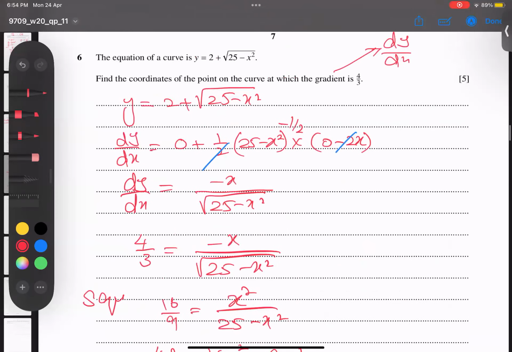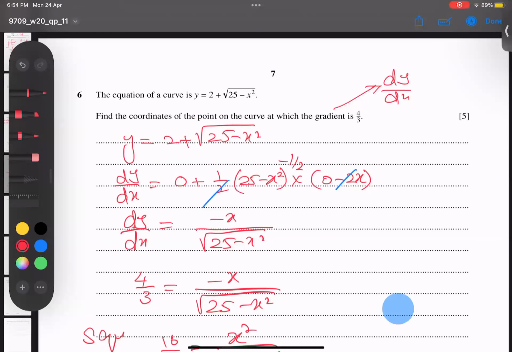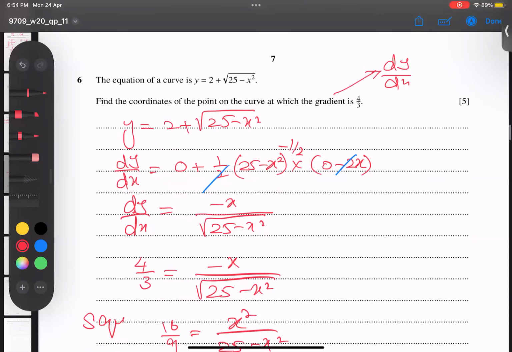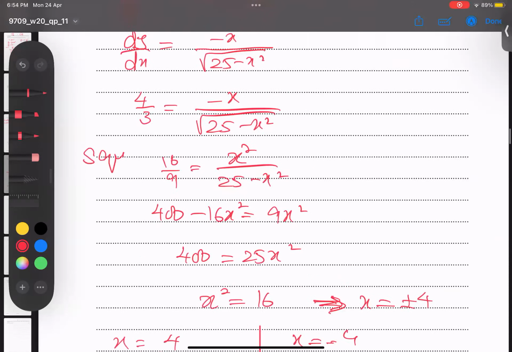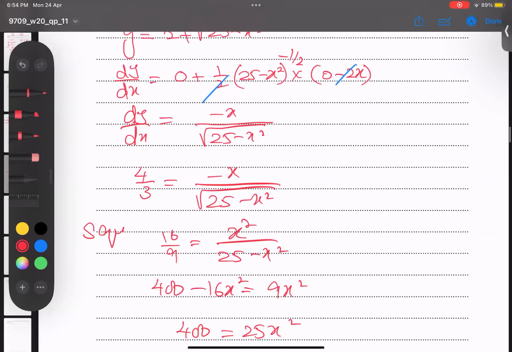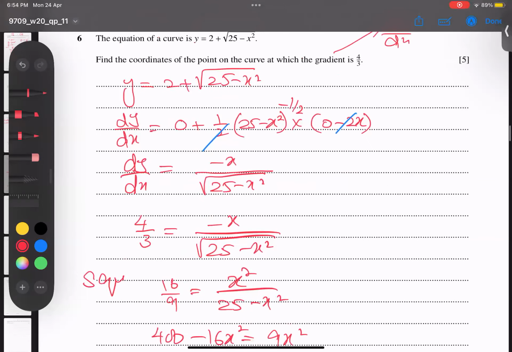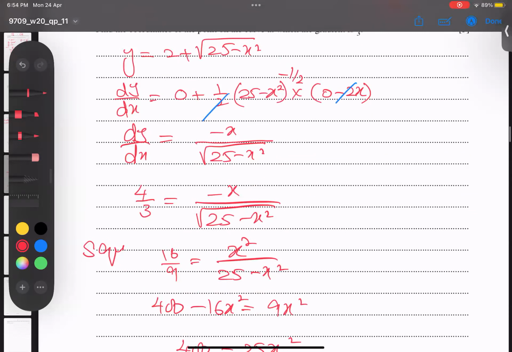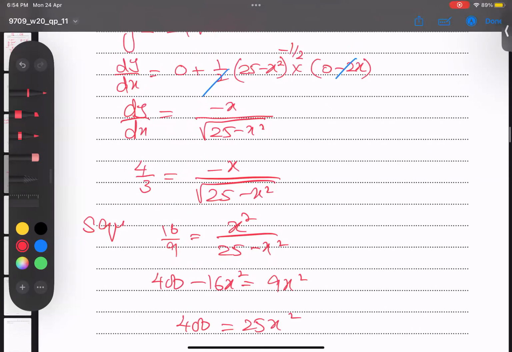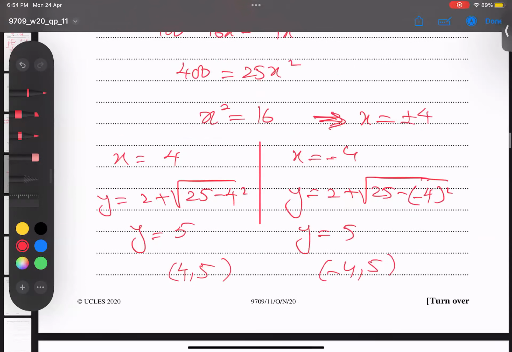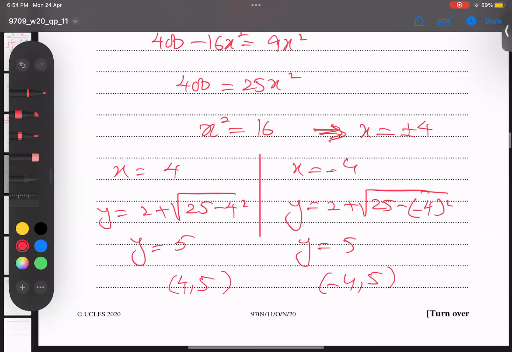But you know, students, if I talk about the points of the curve where the gradient is 4/3, a positive gradient. Yes, clear. Okay, so we have to check now which is the right answer.